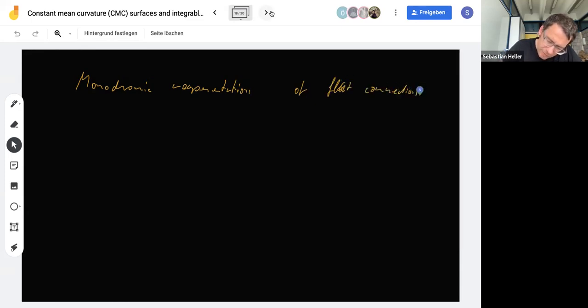So we have some kind of Riemann surface, let's say of genus 2. We have our basis of the first fundamental group, or the generators, so we have alpha 1, beta 1, alpha 2, beta 2, and so on.